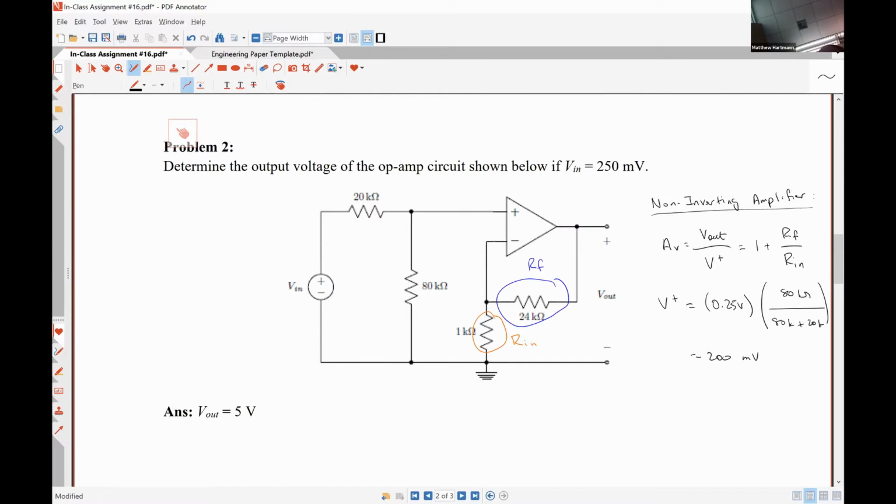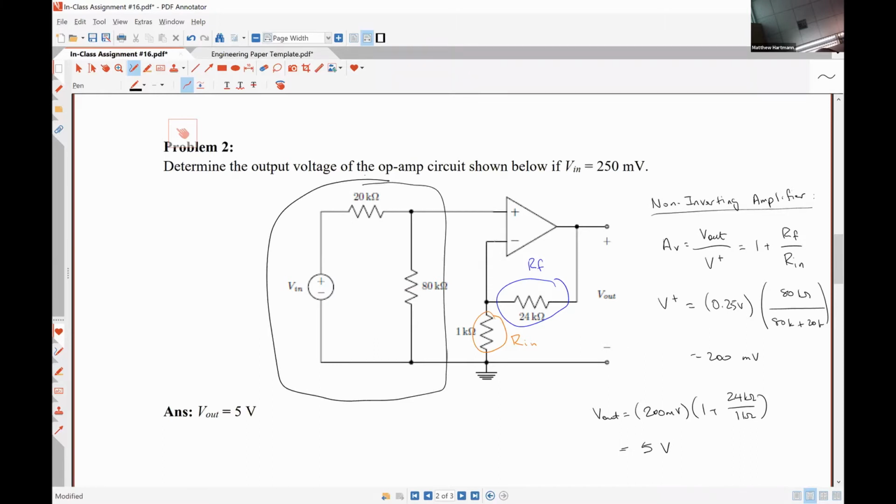Plugging this into our voltage gain equation and rearranging, we find that V out is equal to V plus, 200 millivolts, times 1 plus 24 kilo ohms over 1 kilo ohm. So that's simply 200 millivolts or 0.2 volts times 25, which gives us positive 5 volts. Again, the amount of circuit analysis that we had to do here was very minimal. Really, the only thing that we had to do was take this voltage divider circuit and figure out what this voltage was.